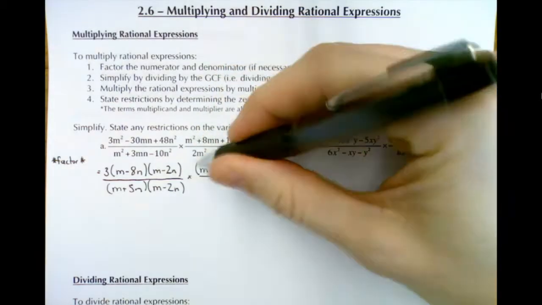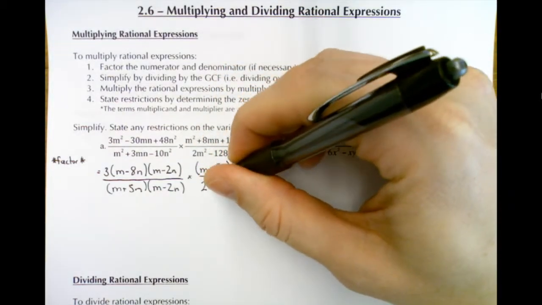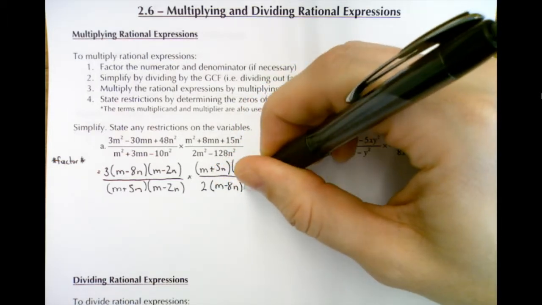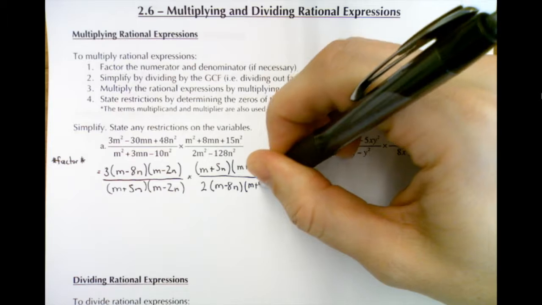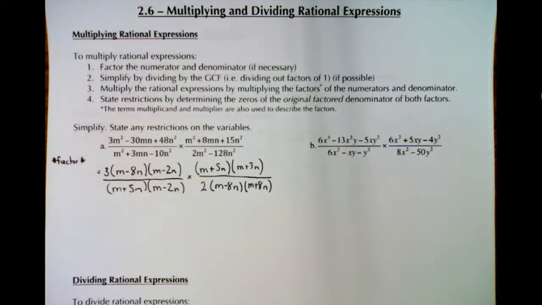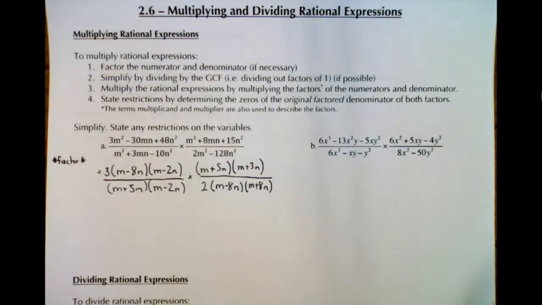And on the bottom, I end up with a common factor of 2, m minus 8n, and m plus 8n, because we have a two-term polynomial which ends up being a nice difference of squares. So if you have trouble with the factoring, go review your decomposition, factoring complex trinomials, and difference of squares, because the bottom one is a difference of squares.